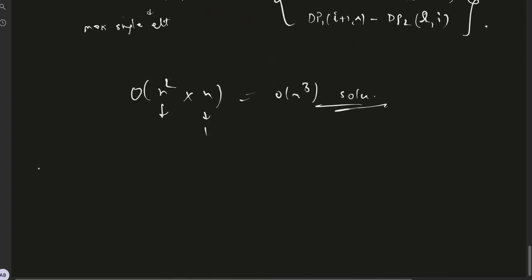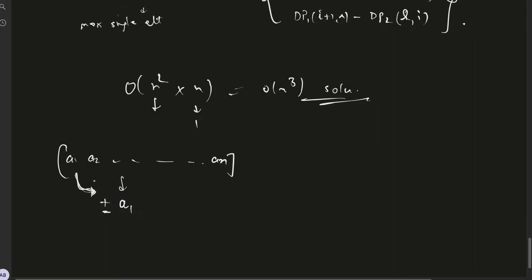The observation is that if we have a1, a2 up to an, then in the final element, every element either has a plus sign or a minus sign. The contribution of every element can be represented by either a plus or a minus.